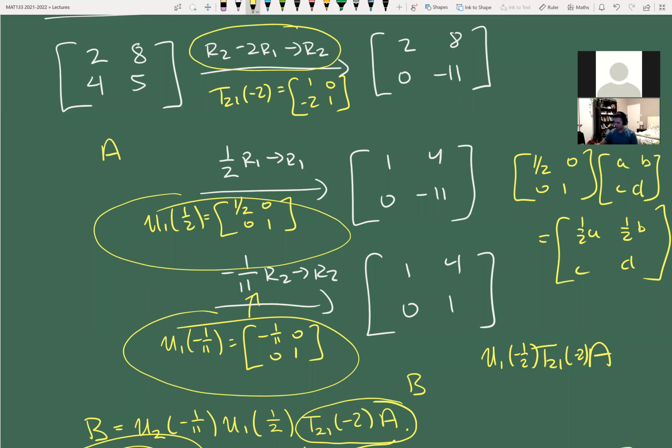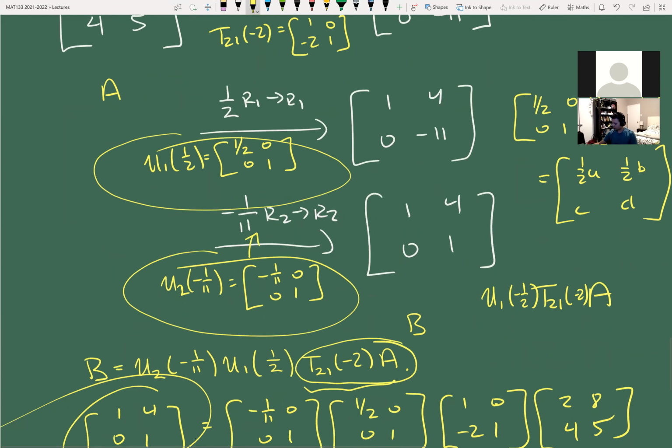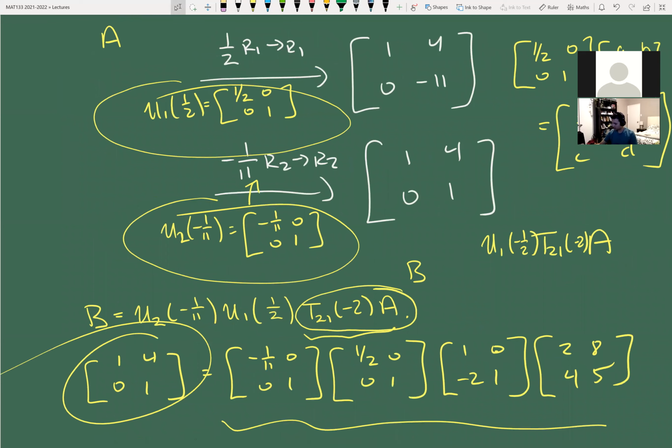Then I scaled by 1/11, or sorry, this should be U2, because I scaled row 2 by 1/11th, with negative 1 over 11. So I apply that to the left, right? You're always just applying the operation to the left, because applying it to the left is what gives you the row operations. If you apply it to the right, you'd actually get column operations, but we don't want column operations, right? We're not allowed to do column operations.